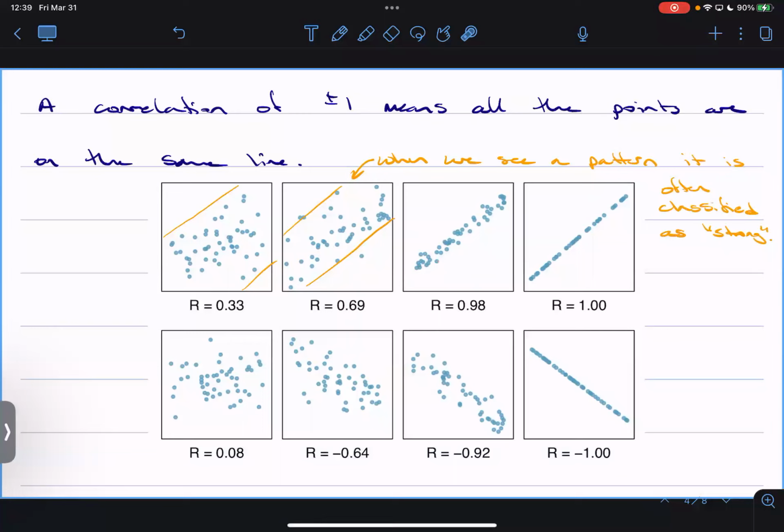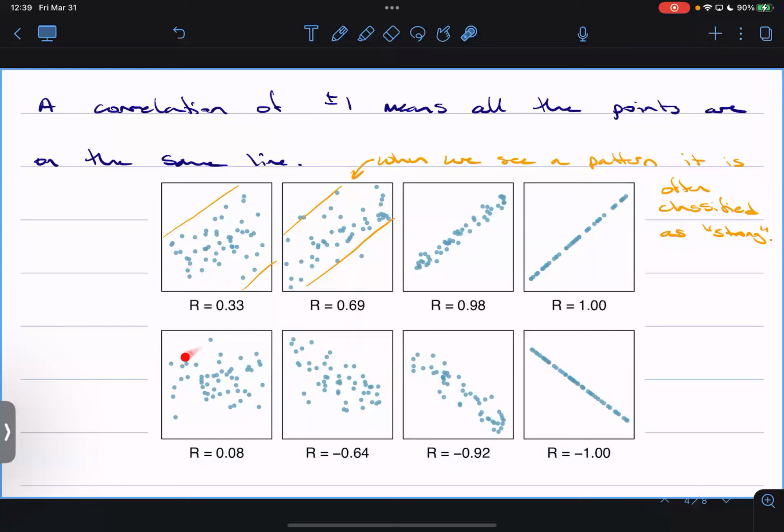Okay. Here, we had to push the boundaries a little bit to say, well, yeah, I could probably put some bounds on this and call it a relationship. Here it was more obvious. So then here's a perfect relationship, perfectly positive linear relationship, correlation of 1. And here's a correlation of -1. And same deal.